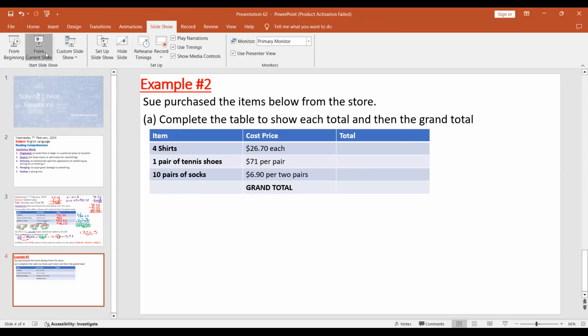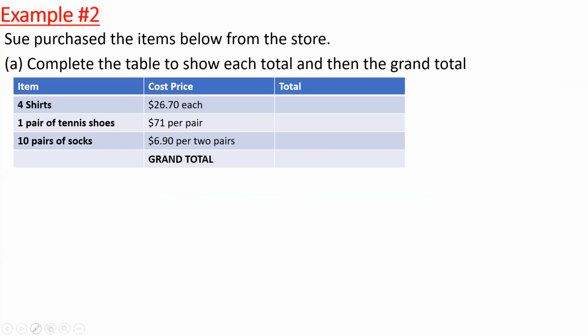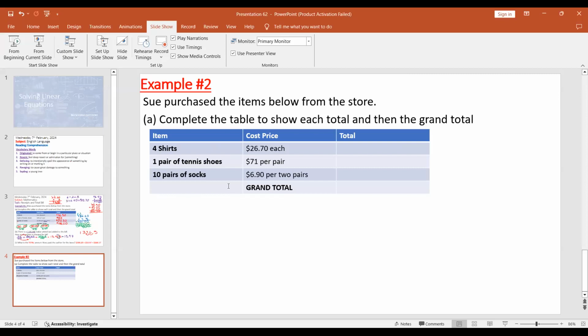For the third one, how would you normally have even numbers where you could divide, what would you do in a situation where you have 7 pairs of socks, and it's $6.90 per 2 pairs?